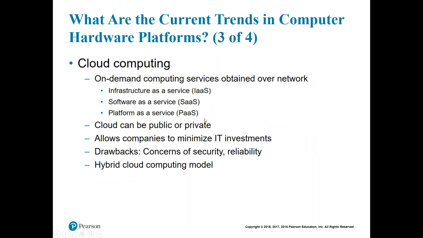So under cloud computing we have infrastructure as a service, software and platform as a service. These are your cloud-based services that are available nowadays. You can make this your own. For example, you could do your own cloud system in your home.